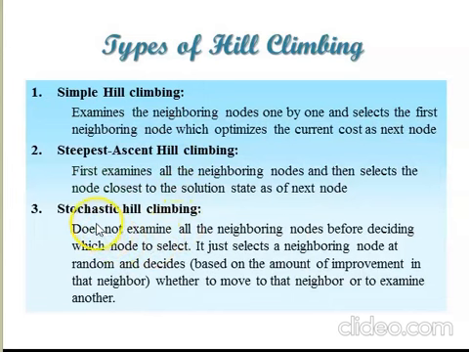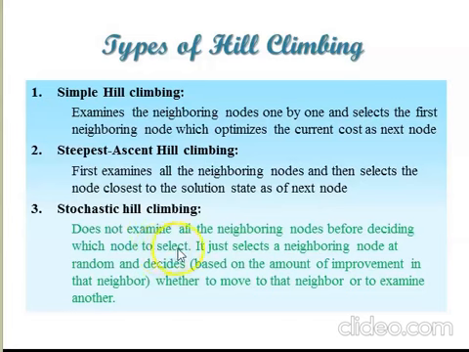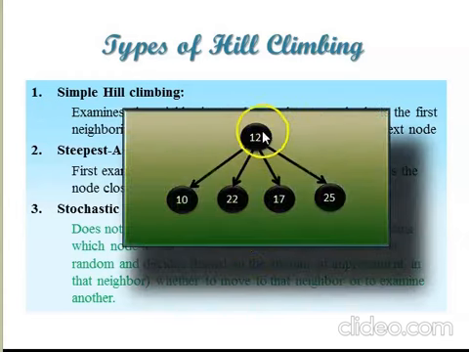The final one is stochastic hill climbing. It does not examine all the neighboring nodes as we did in steepest ascent. So randomly it checks the new node. If it is a better one, it makes it the current node. Again we are moving from here.